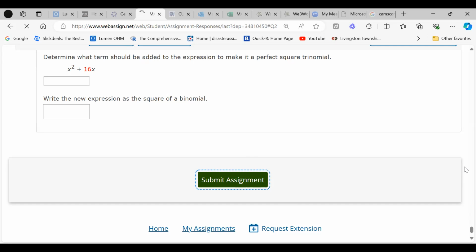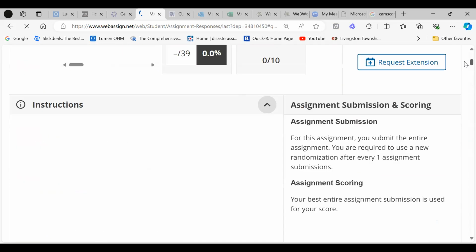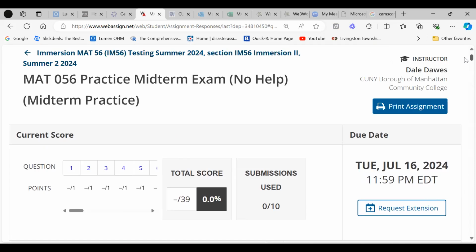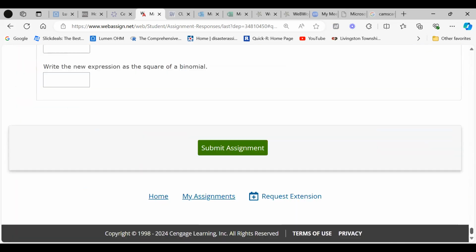Submit the assignment so you can get that 5% to unlock that. Yep. So view and save. Yeah, you did submit it.